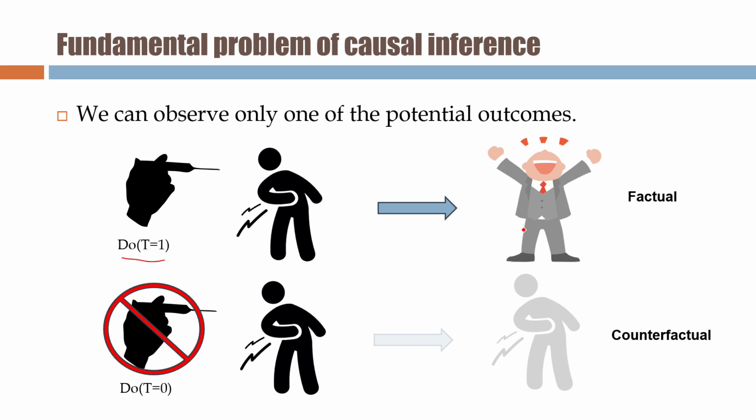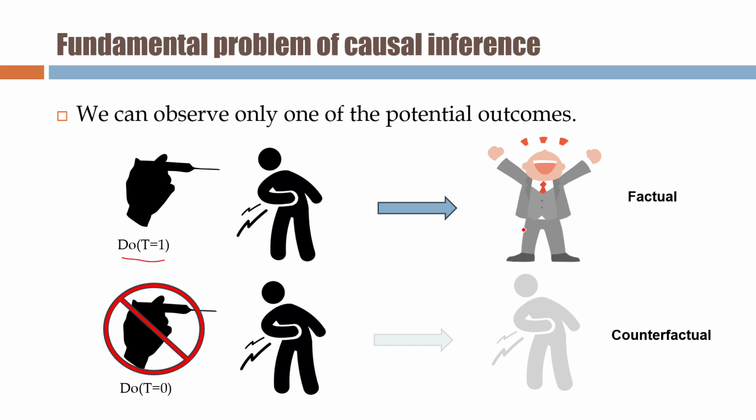We have one outcome. This is a man, about 48 years old, with a disease, and we inject some medicine or treatment, and then he got better.